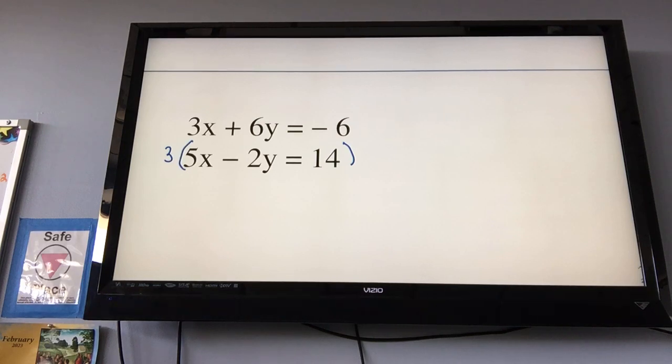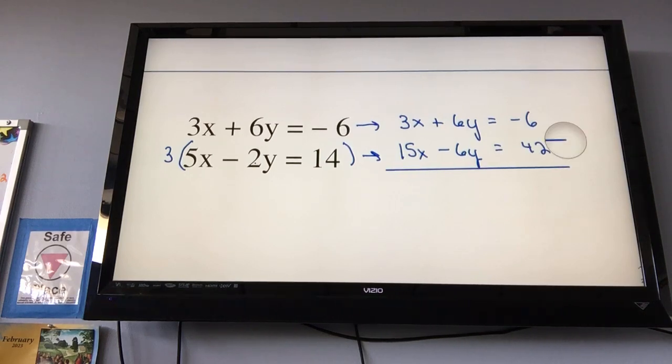I just have to multiply the entire equation by the 3. The top equation is not changing, it's staying the same. The bottom equation is becoming 3 times 5, 15x, 3 times negative 2, negative 6y, and 3 times 14, 42.